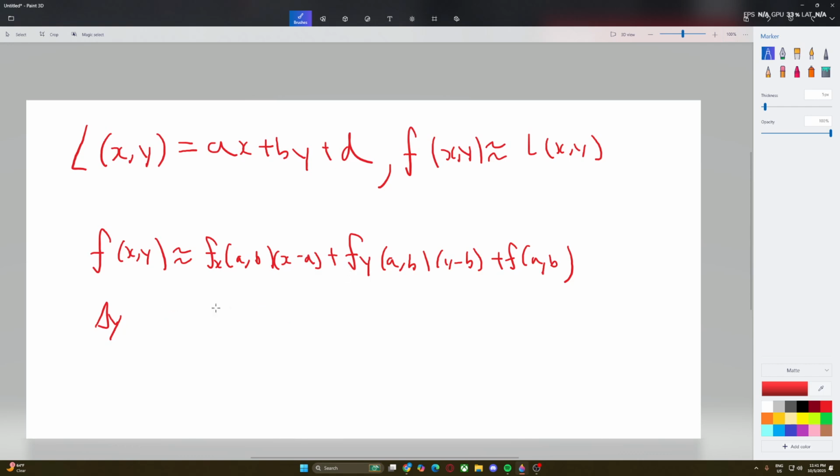But for the multi-variable version of that, the increment of z is equal to f_x(a, b) change in x plus f_y(a, b) change in y plus epsilon 1 change in x plus epsilon 2 change in y, where epsilon 1 and epsilon 2 are functions of change in x and change in y respectively, such that as they both go to 0, so will change in x and change in y.